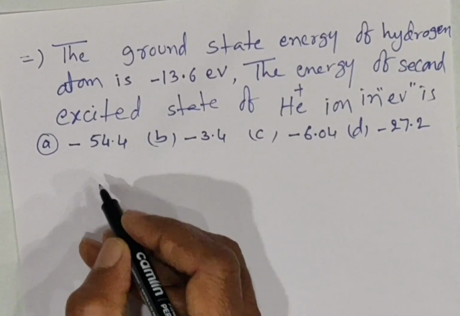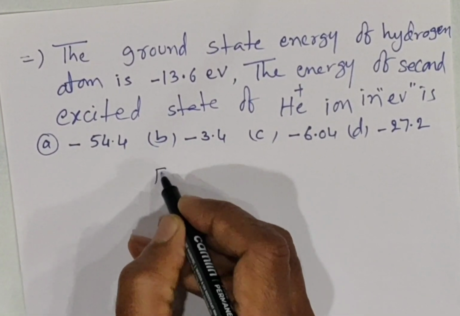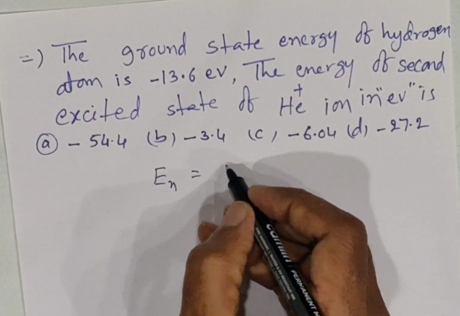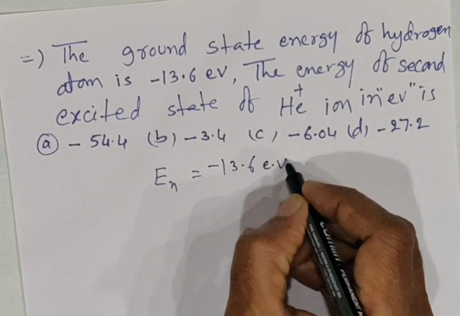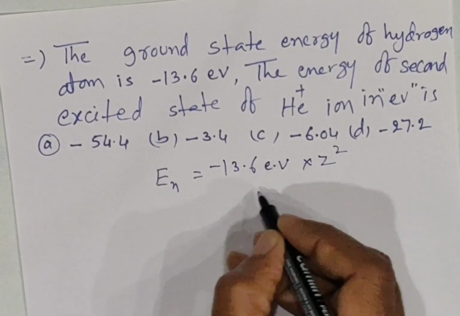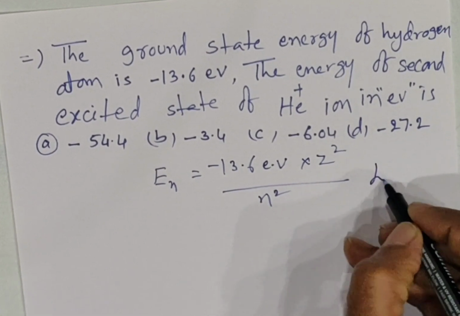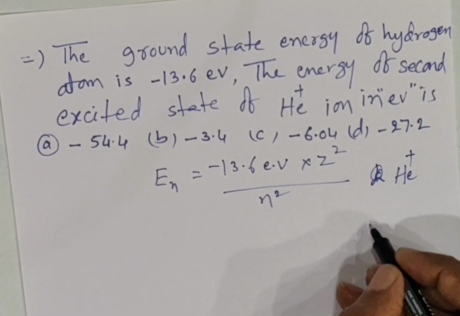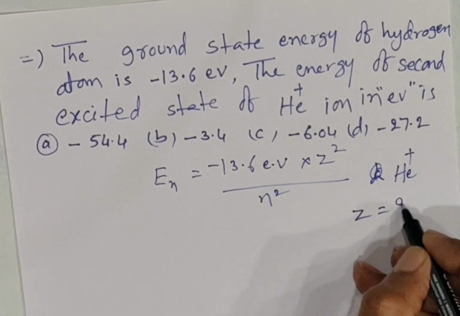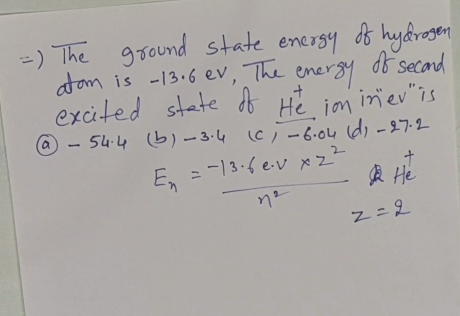Here the general mathematical expression is En is equal to minus 13.6 electron volts into Z square by N square. Here, helium ion is given. The helium Z value is 2.